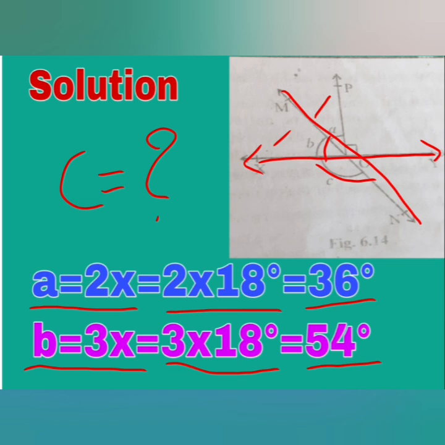We need the measurement of this C angle only, right? To find out C angle, we should calculate this B angle, because B and C are adjacent angles, and they are standing on the straight line with the straight angle 180 degrees, so we can calculate the value of C. That's why we have calculated this A value and B value.